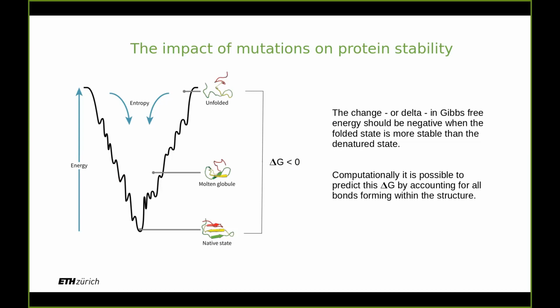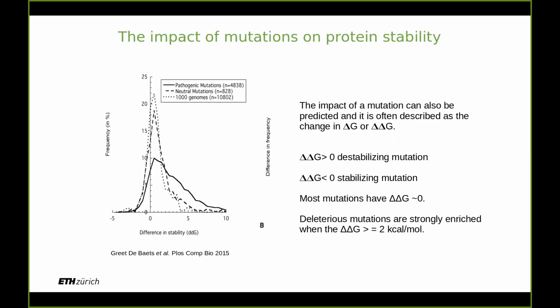And so if we can predict this delta G, which is essentially giving you a measure of stability, we should also be able to quantify or computationally measure the impact of a mutation on the change in this delta G. And in this case, if the delta G is bigger than 0, then this mutation is destabilizing. If the delta G is negative, lower than 0, then this would be a stabilizing mutation.